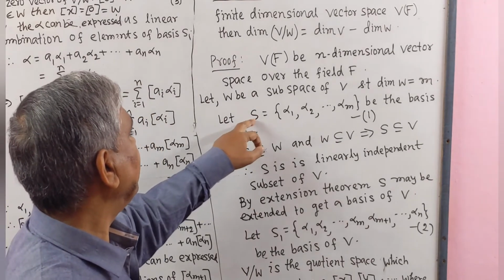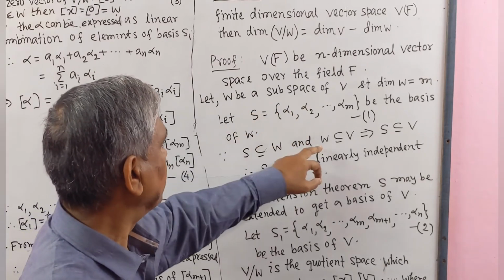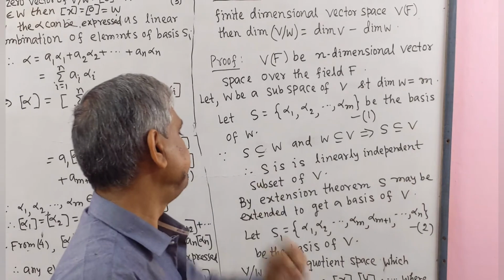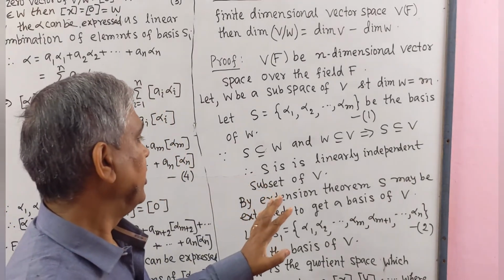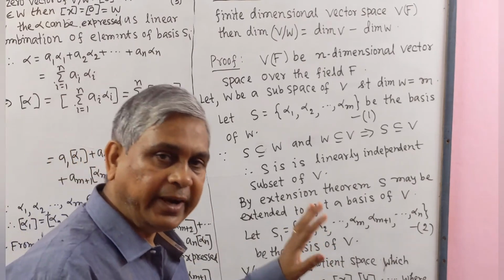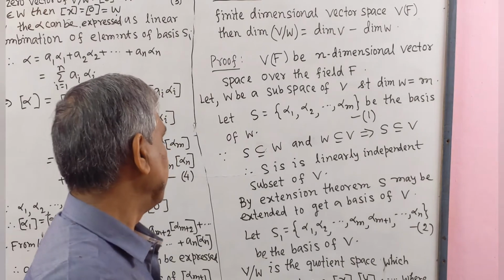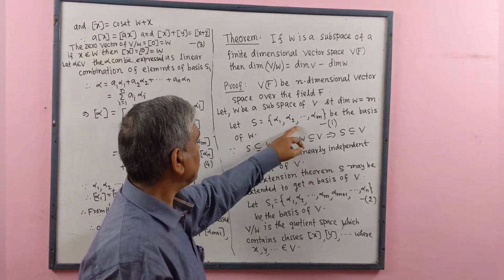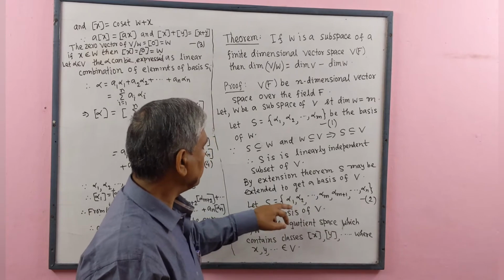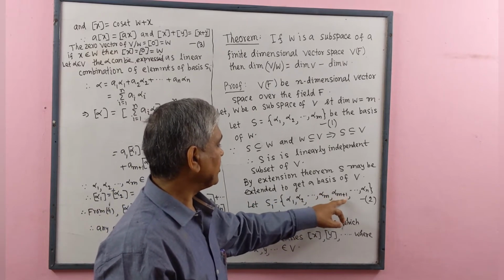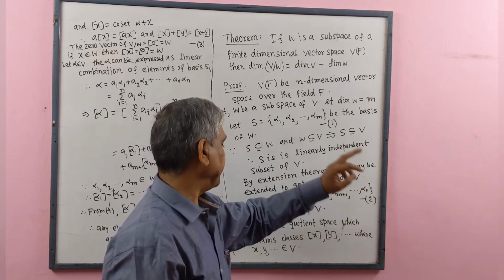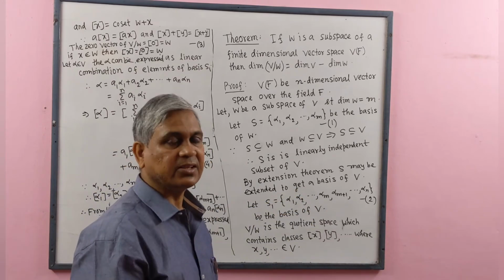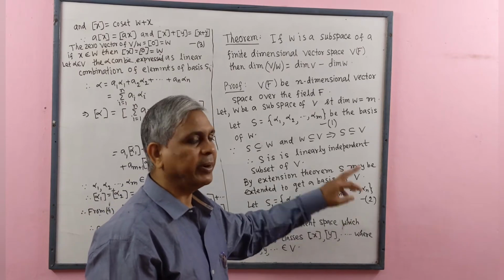That means S is a linearly independent subset of W, and S is a linearly independent subset of V. By the extension theorem, S may be extended to get a basis of vector space V. Let S1 be a set containing all elements of S and also some other elements alpha m plus 1, alpha m plus 2, up to alpha n, and let this be the basis of vector space V. This basis contains n linearly independent vectors.